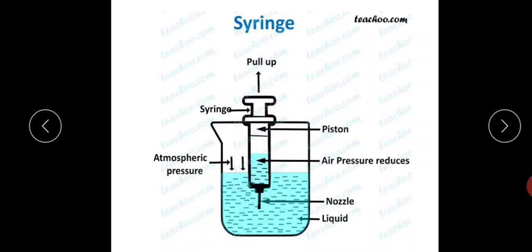And also in the small tubes or medicine containers, the atmospheric pressure acts in the same way. So these are some examples wherein we come across atmospheric pressure.